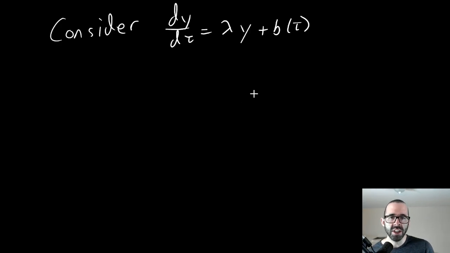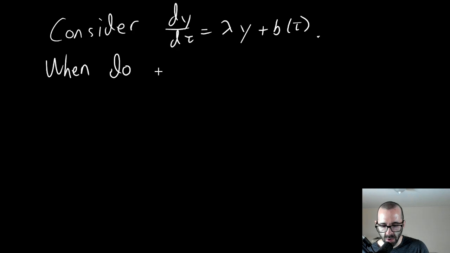And remember the homogeneous solution, well, hold on, let's not give you the answer before I ask the question. When do we know that all solutions approach y_p as t goes to infinity?